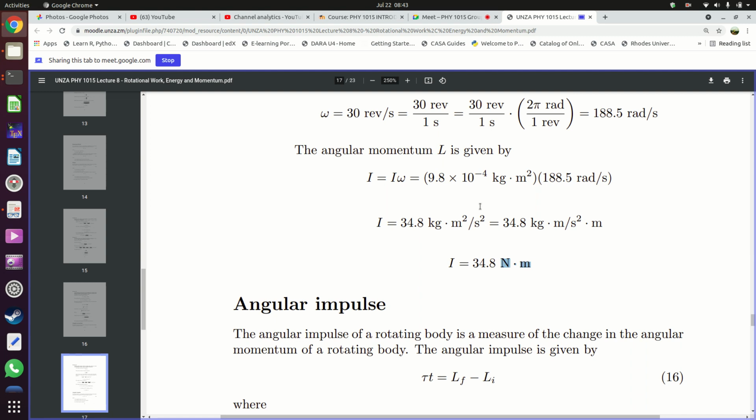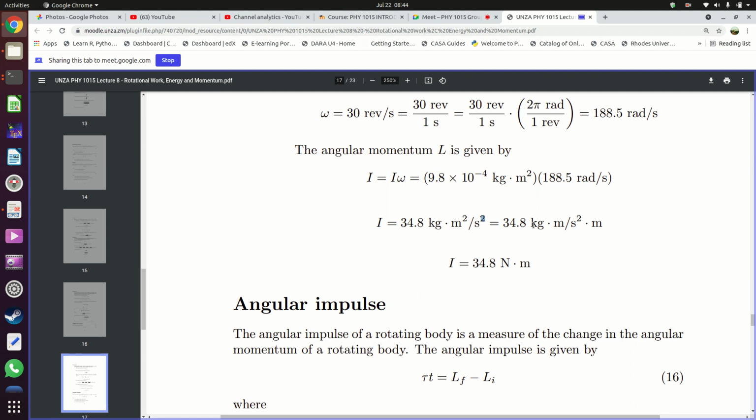What have I done? I'm not sure what I've done here. I'll need to look at this again. I'm not sure what I have done with the units. So there's a kg, there's a meter squared here, there's a meter squared here. Then of course the radian is silent, so which means we're supposed to have a second, just one.